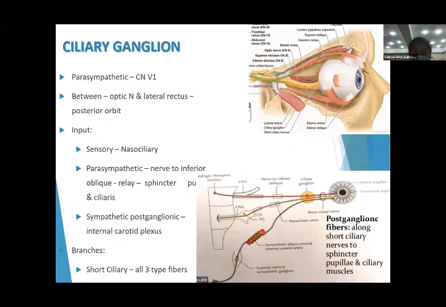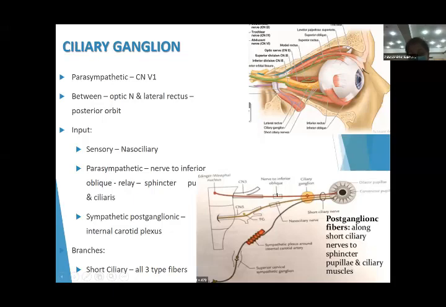Let me repeat the input, the incoming fibers to the ciliary ganglion. Parasympathetic fibers pass through the inferior division of the oculomotor nerve. From the inferior division a branch arises to the inferior oblique.